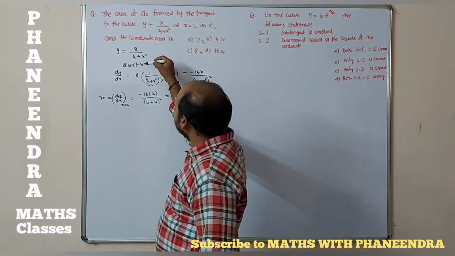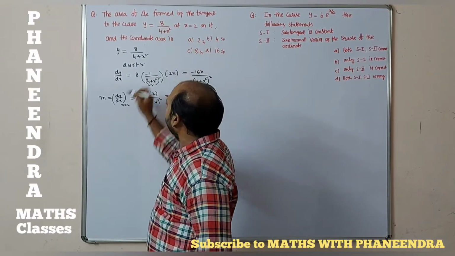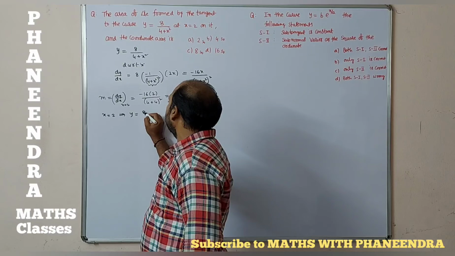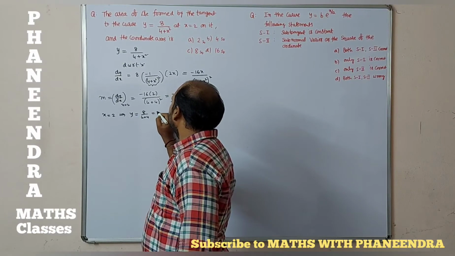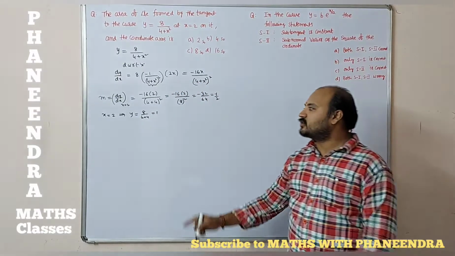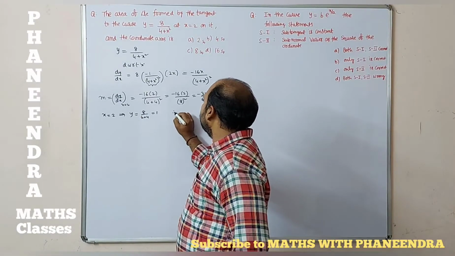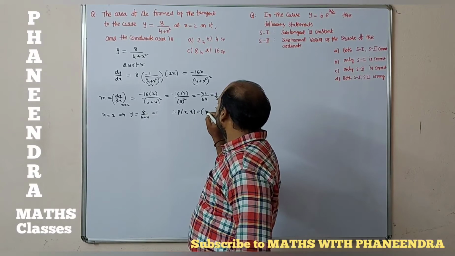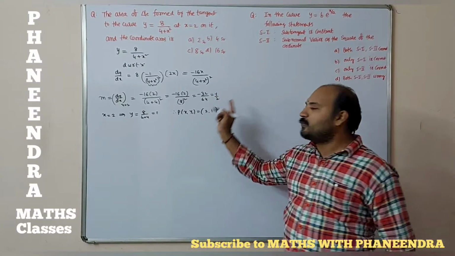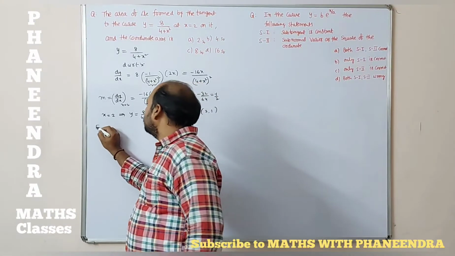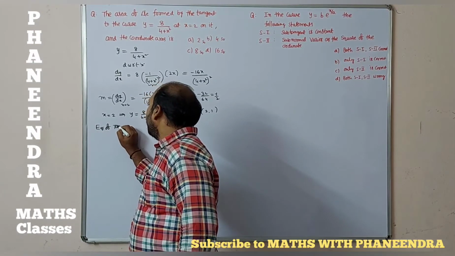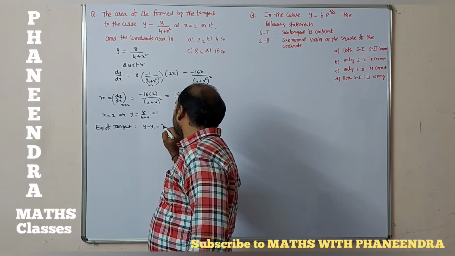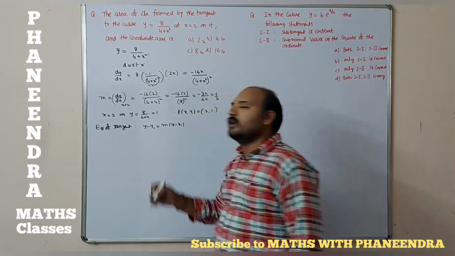So x is equal to 2, substitute in this y. So x equal to 2 implies y is equal to 8 by 4 plus 4, that is equal to 1. So the point P, x comma y or x1 comma y1, is 2 comma 1. Slope we know, point also we know, now the equation of tangent. y minus y1 equal to m into x minus x1.